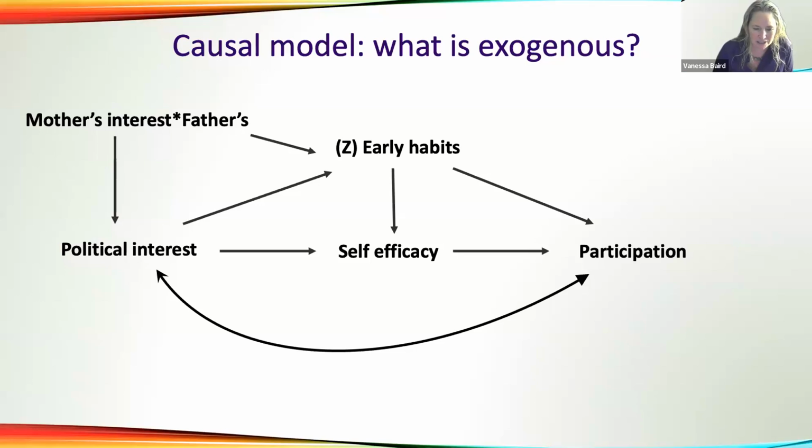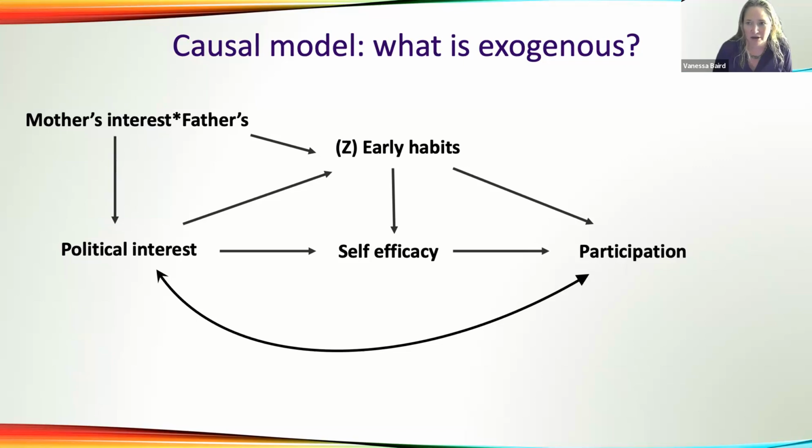So people talk about the relationship between political interest: if you're interested, you get to know stuff about politics, and then you feel like you know something about politics, which is self-efficacy, which then causes participation. But if you don't control for whether you started voting at a young age, then this is all messed up, because you get habits, and those habits also cause self-efficacy.